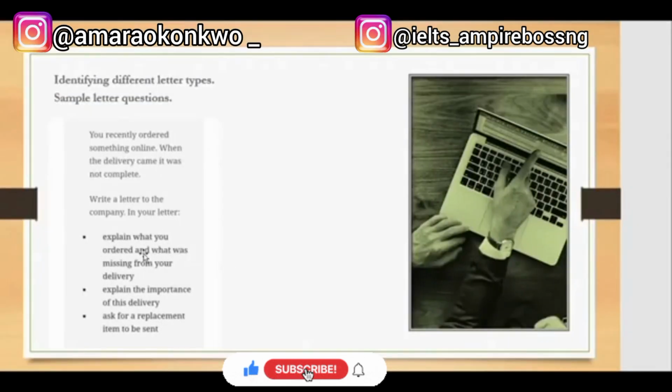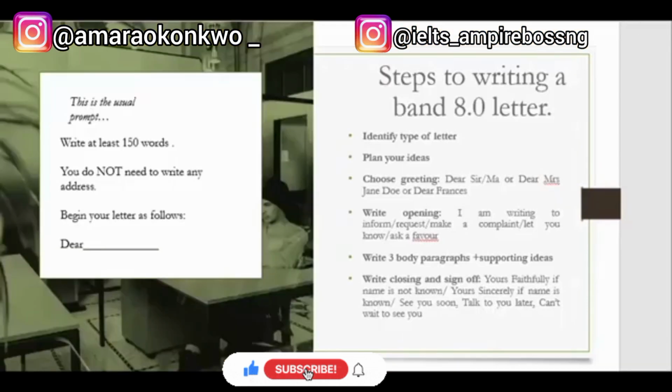Just answer the questions to these 3 bullet points and it will form your body paragraphs. And once you've done that, you now end your letter with a closing. For instance, if it's a formal letter, you can tell them that you hope that something will be done about this issue, or you're expecting to get positive feedback from them.